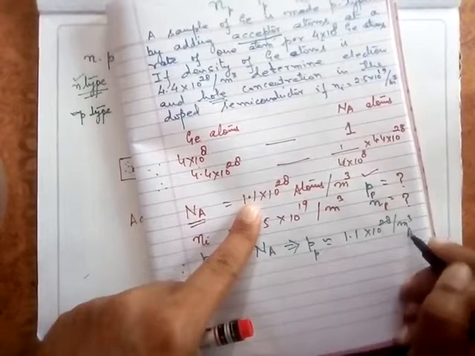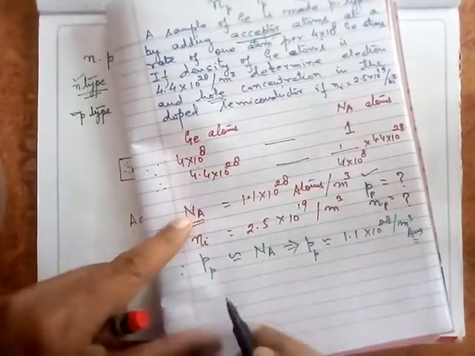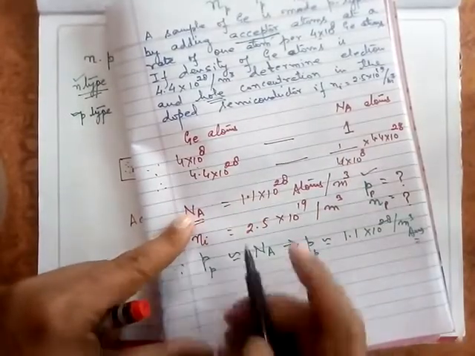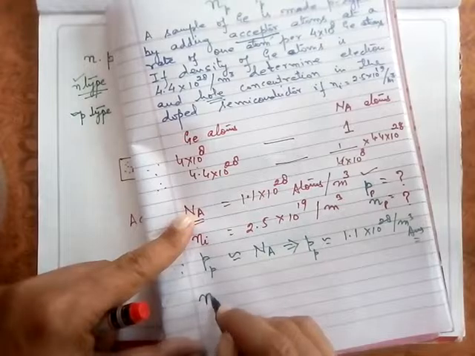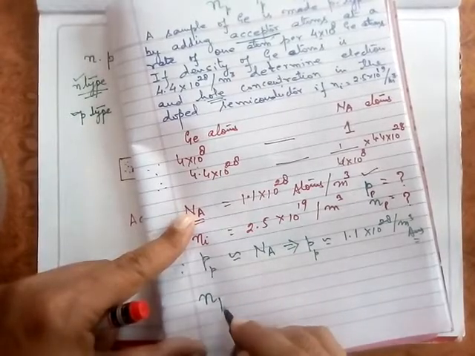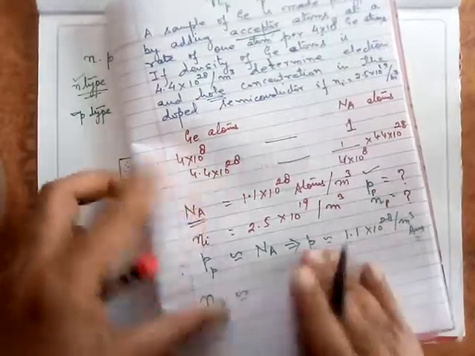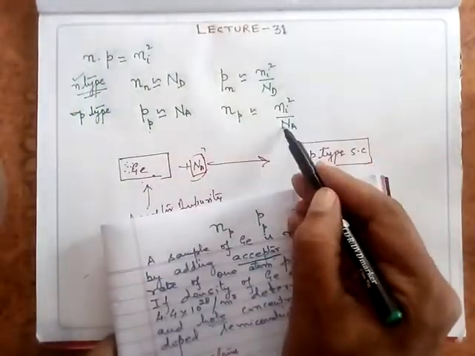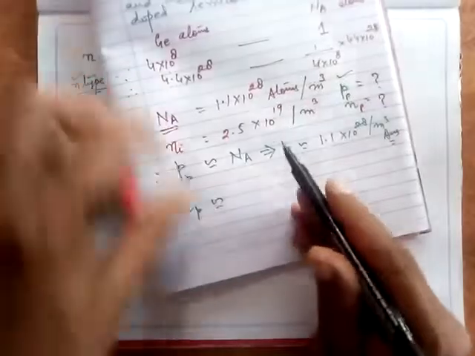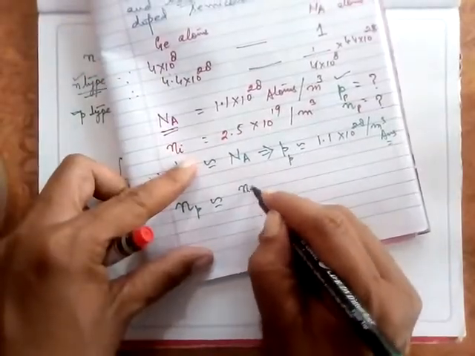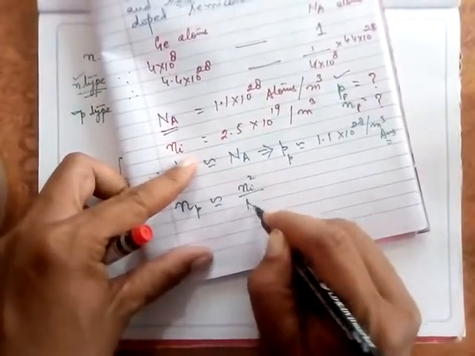This is my first answer. And electron concentration, that is the minority charge carriers in a p-type semiconductor, is approximately equal to Ni square upon Na.